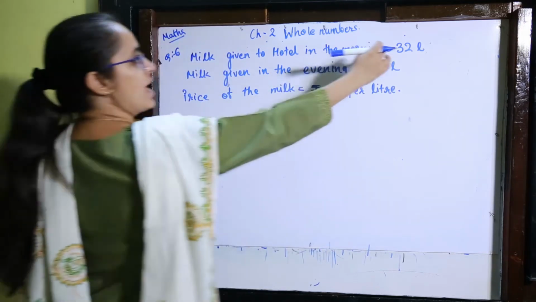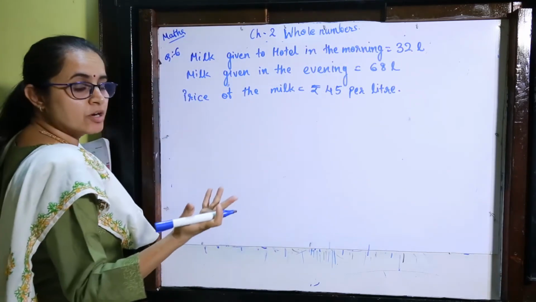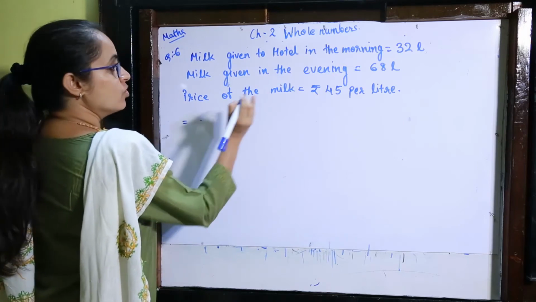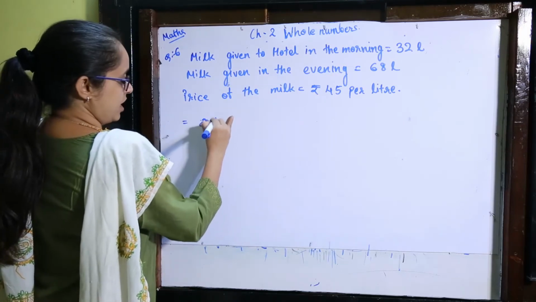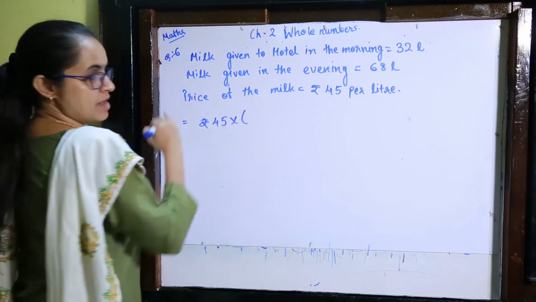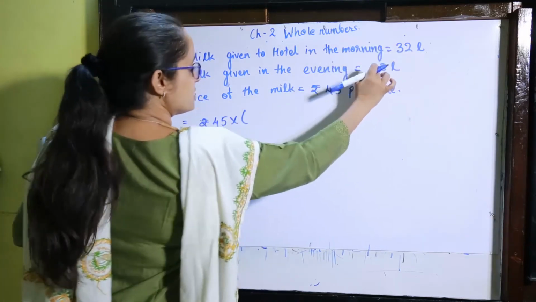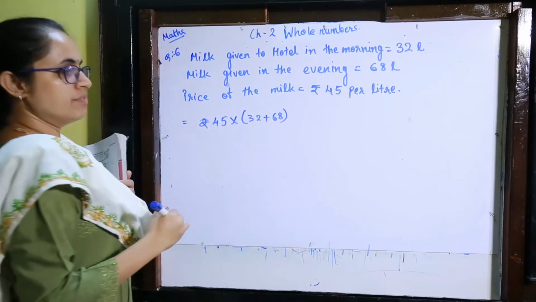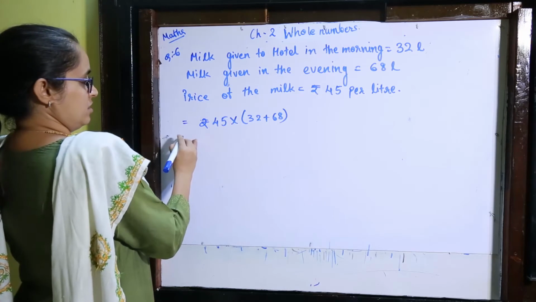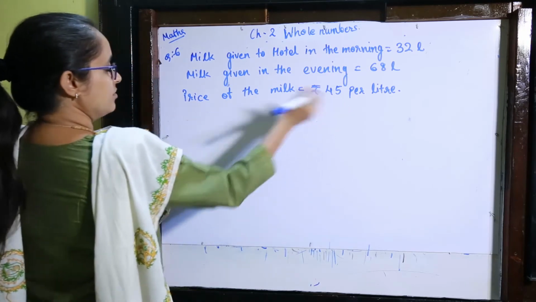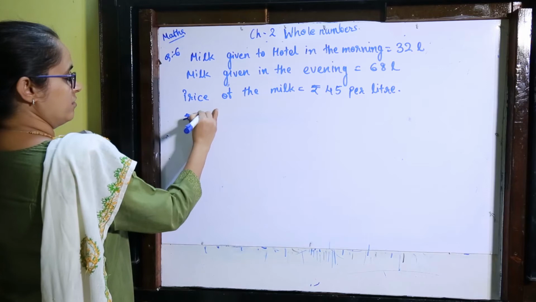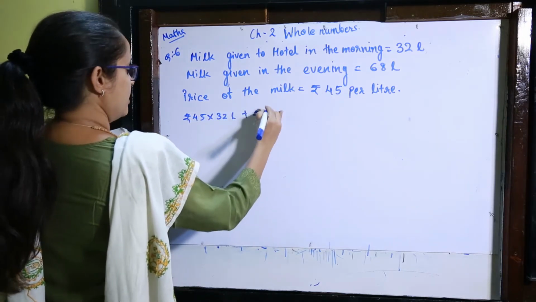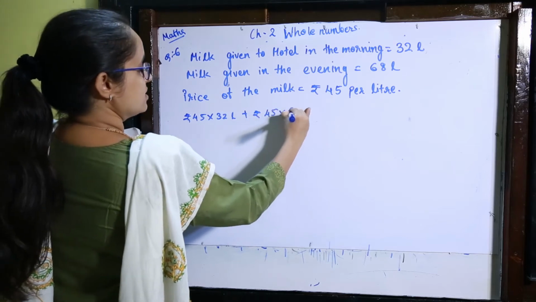First of all, you have to add these two numbers, the total amount of milk they have given. So it will look like this: rupees 45 multiply by, in the bracket, 32 plus 68. Or you can do it like this: rupees 45 multiply by 32 liter plus rupees 45 multiply by 68 liter.